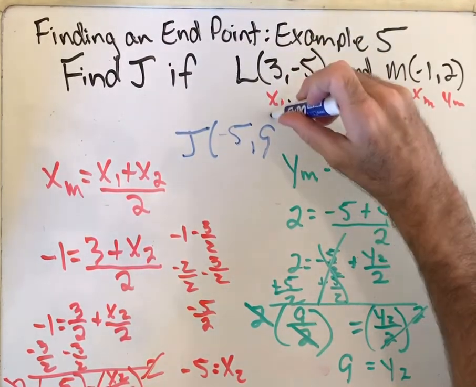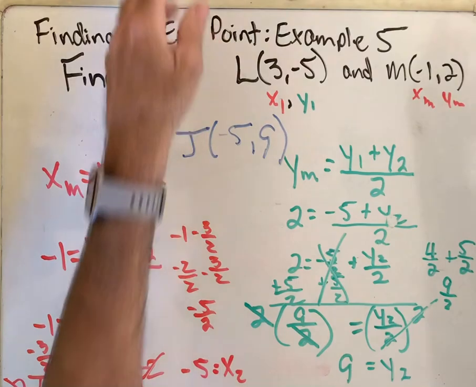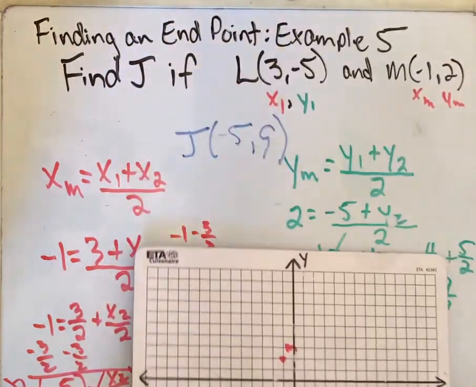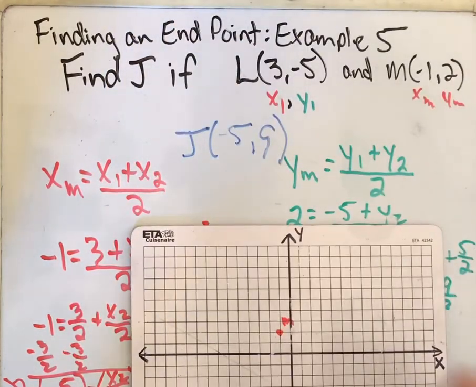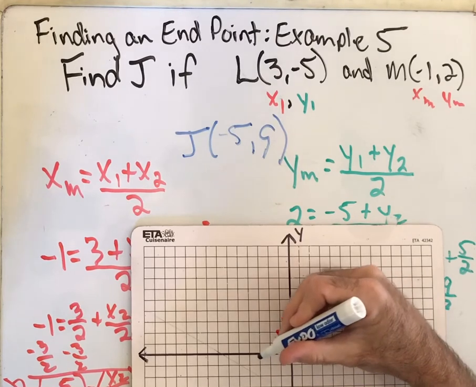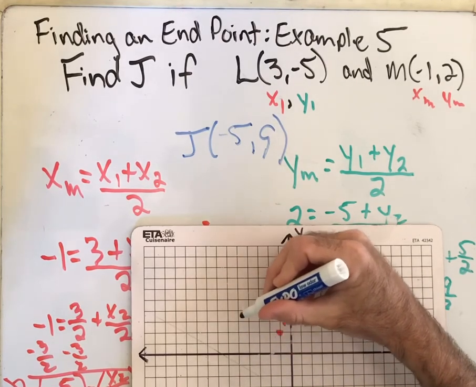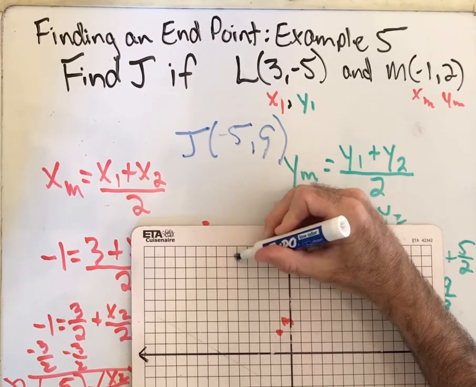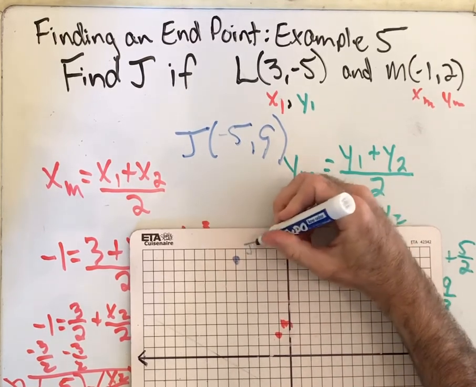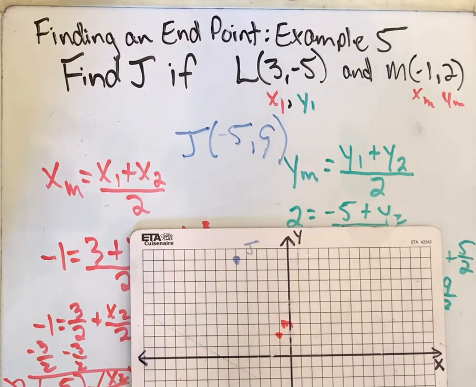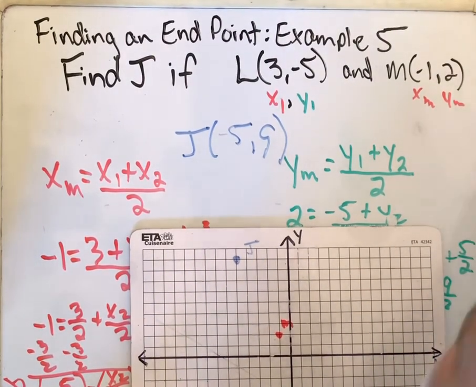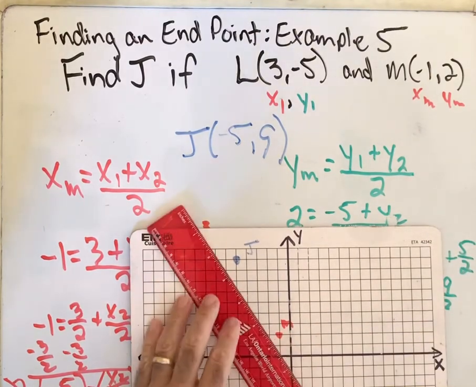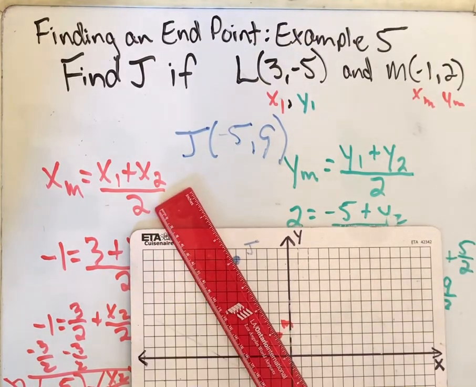Let's go to our graph and see if that makes sense. (-5, 9): 1, 2, 3, 4, 5 over, and 1, 2, 3, 4, 5, 6, 7, 8, 9 up. That is point J. If we take our ruler, which I have lost, it looks pretty good.